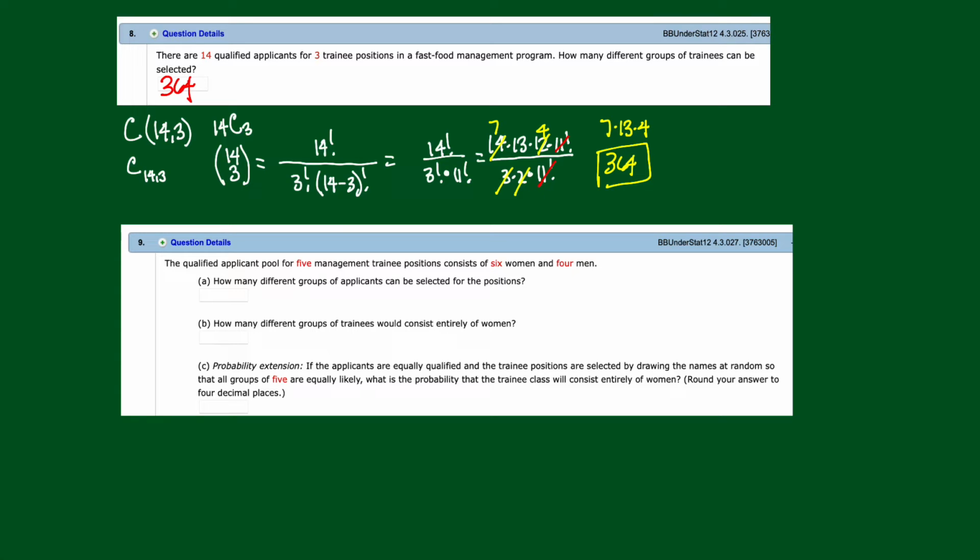Now, we did that one by hand. We may not always want to do that. So how would you do this on your calculator? Here's what you would do. For the calculator, we're going to use this notation right here. You type in 14, press the math key, over there in the left column. You arrow over to PRB.